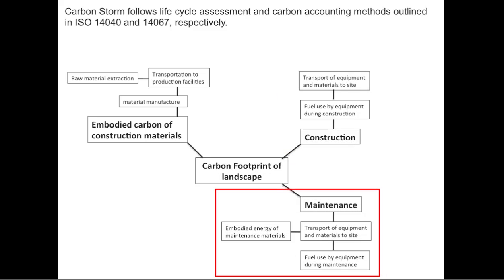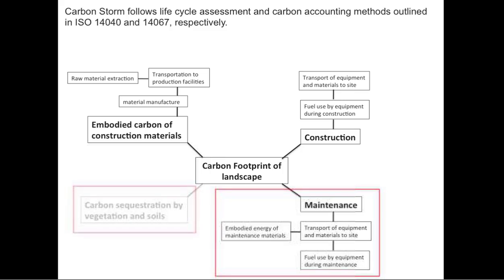During the maintenance phase of the landscape's life cycle, the model considers emissions that are accumulated through the transport of both equipment and crews to the site to maintain the different surfaces and landscape elements, as well, again, as any of the energy that's embodied in the materials used in maintenance and fuel consumed by types of maintenance equipment.